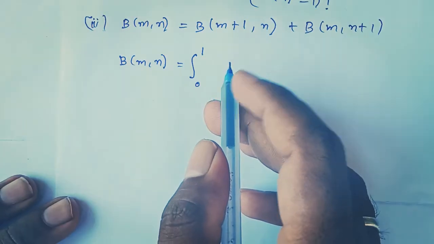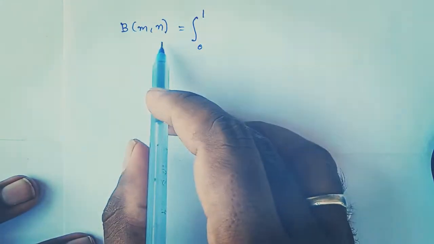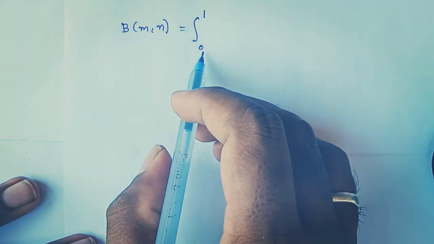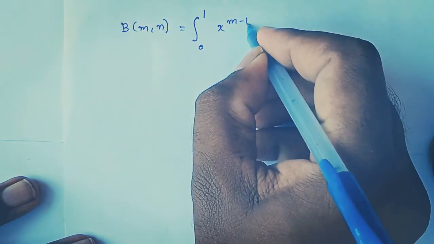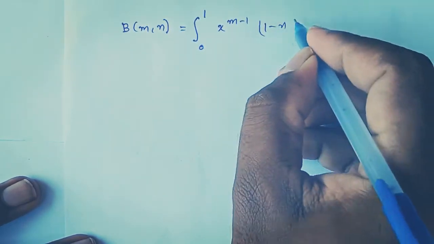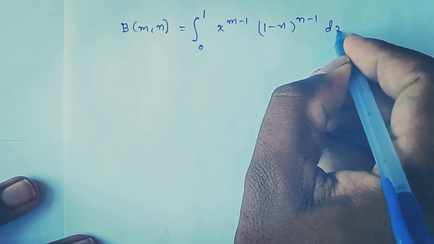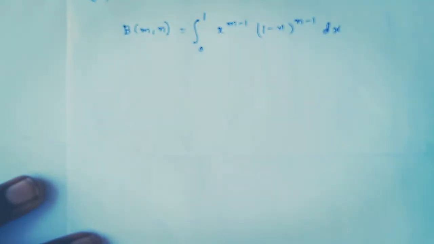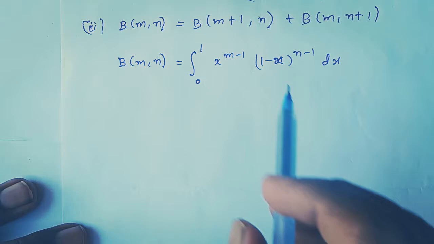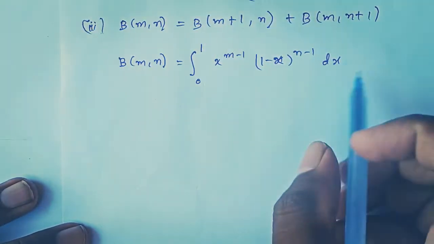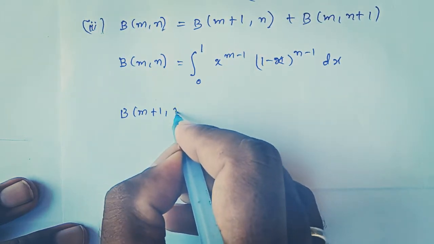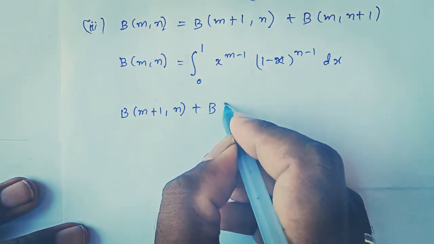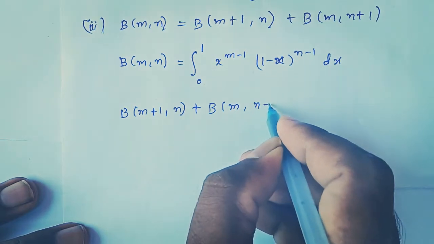Now, as per the definition of the beta function, we have B(m,n) = integral from 0 to 1 of x^(m-1) (1-x)^(n-1) dx. Let us take the RHS, that is B(m+1,n) + B(m,n+1).